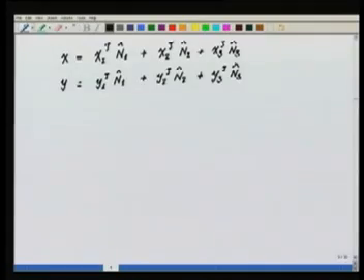So this is how I can give the x and y at any point psi and eta in the master element. So the corresponding value of x and y.